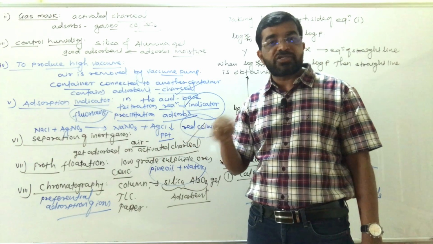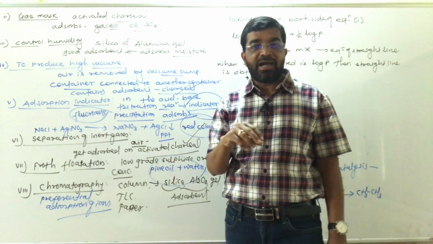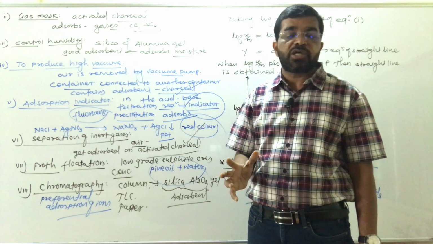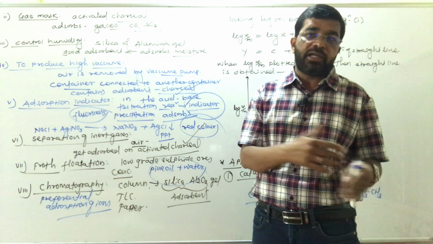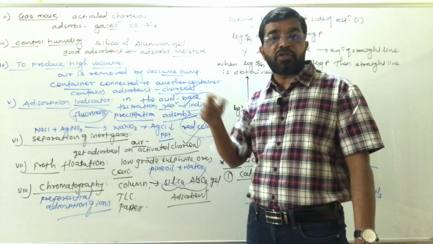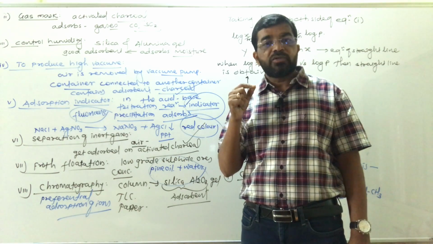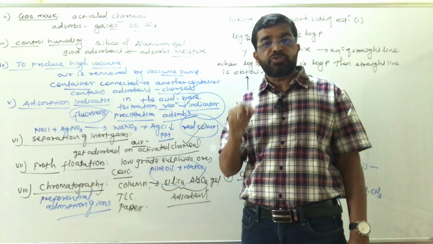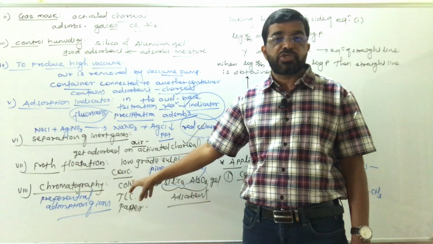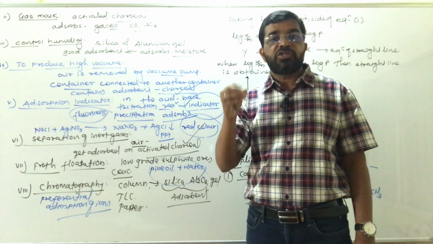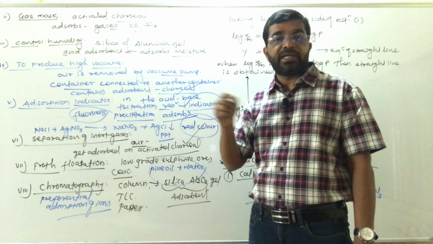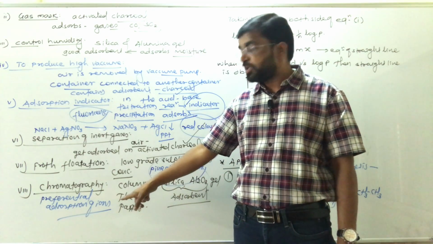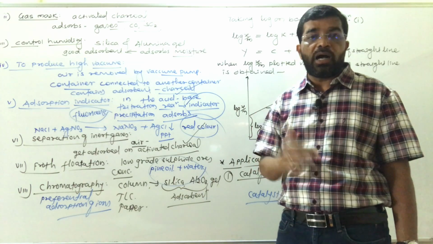Inert gases adsorb on the surface of activated charcoal, have different rates of desorption, and get separated. In froth flotation, low grade sulfide ores are concentrated. Concentration is the process in which impurities are removed. Chromatographic technique is also based on preferential adsorption of the ions. Okay.